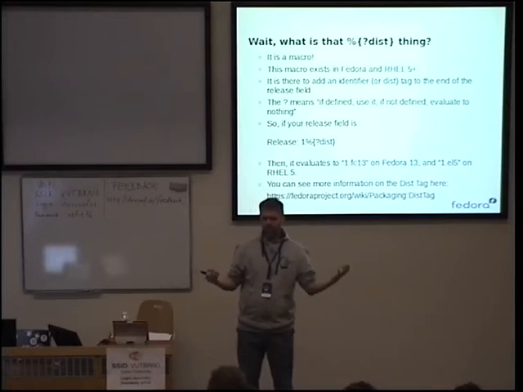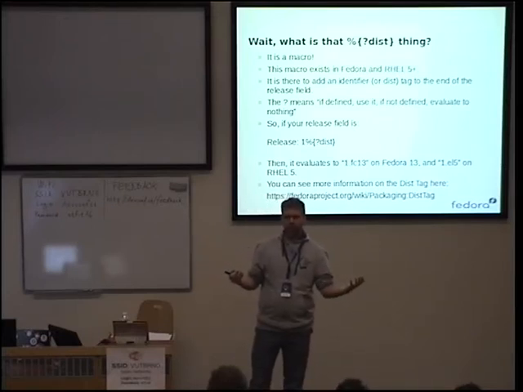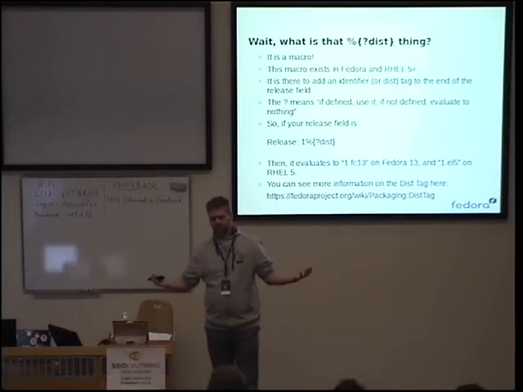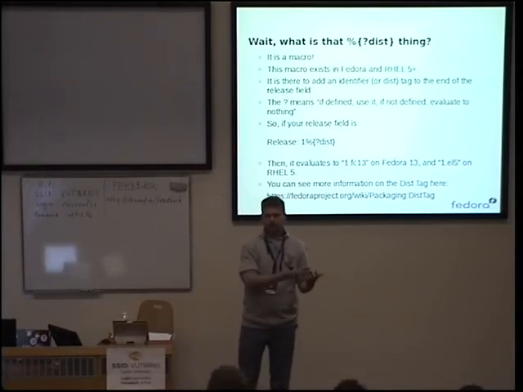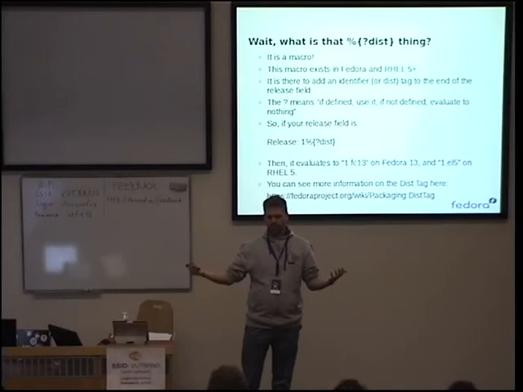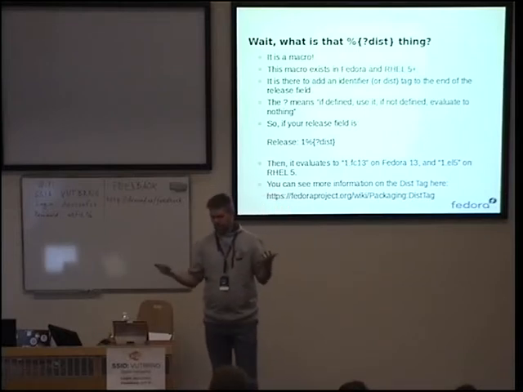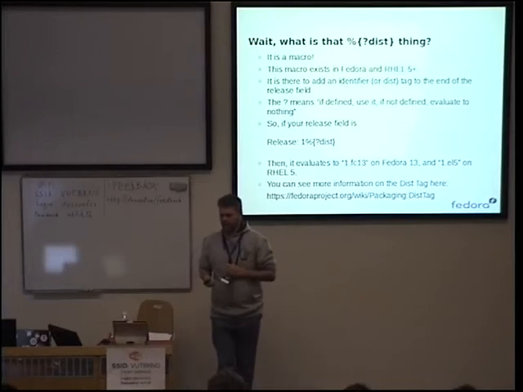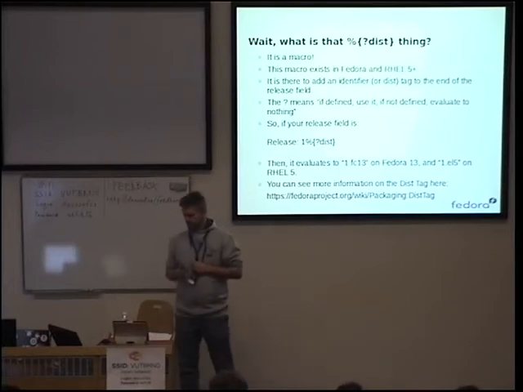Because on RHEL 5 we have Python 2.4 and Fedora has Python 2.7 or even Python 3. So those modules are installed into different locations. So those packages are not the same. They differ for various distributions. So we added there the dist tag, which adds the identifier of the distribution.